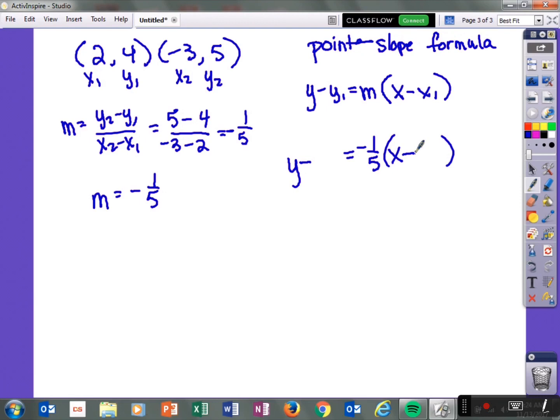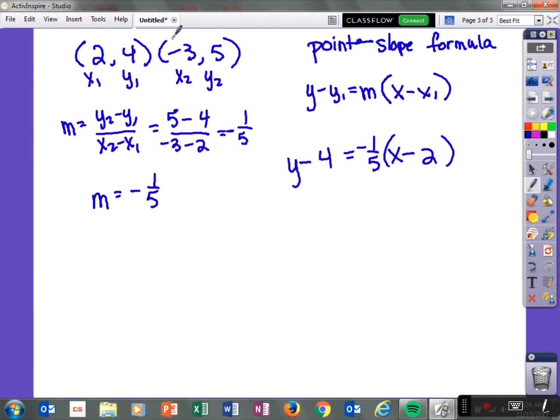Now all that's left is plugging in what? y1 and x1. Okay? What is y1? 4. What is x1? 2. Does everyone see where I got those? Right over here. We labeled them x1, y1 when we did the slope, didn't we? That gave them to us whenever we had to plug in over here.